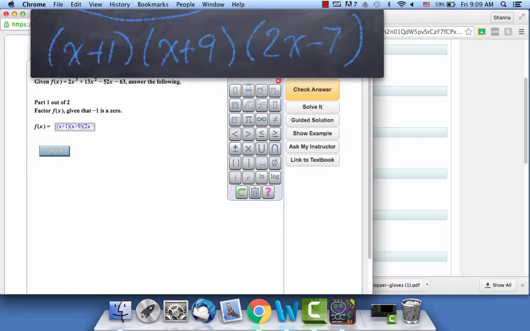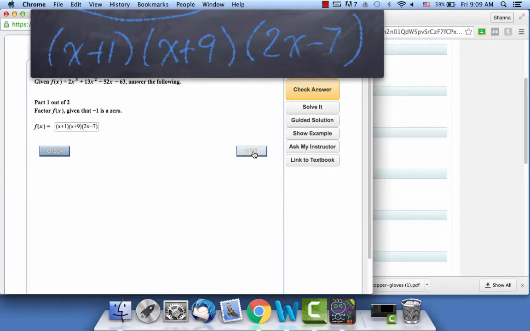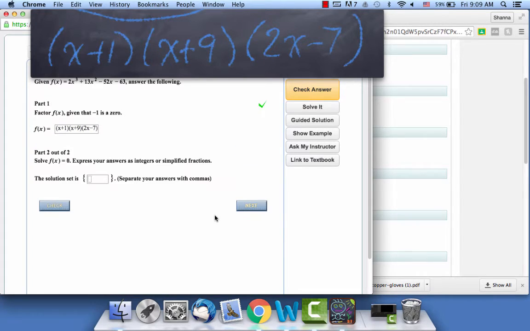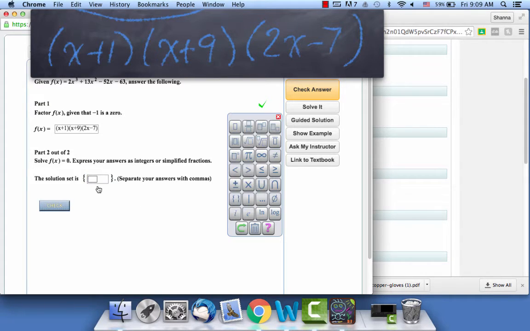I think these programs are getting better. Oops. Okay, it took that. So solve f of x equal to 0. That's actually where we started. So -1, -9, 7/2.